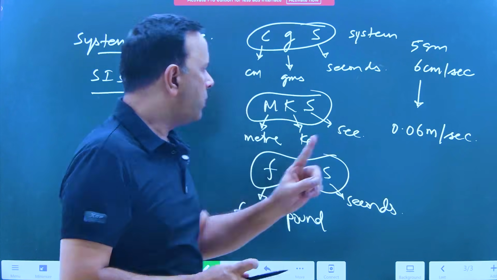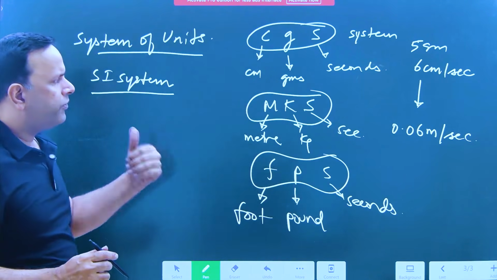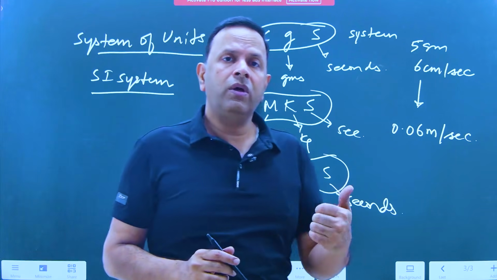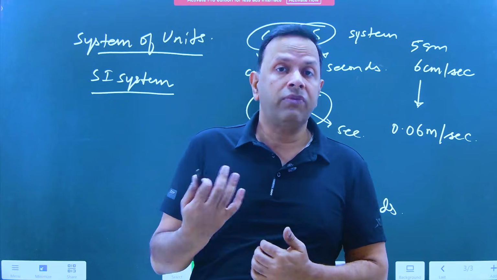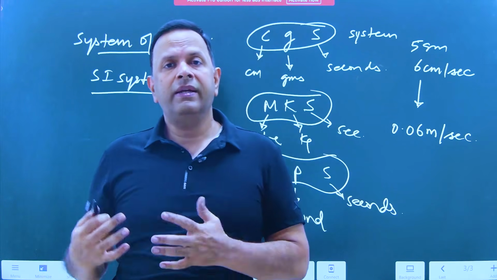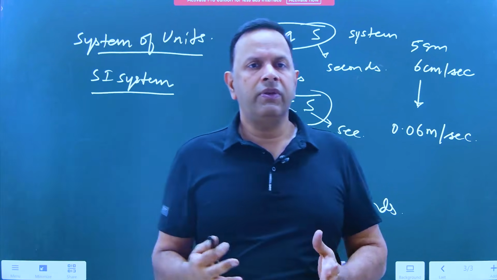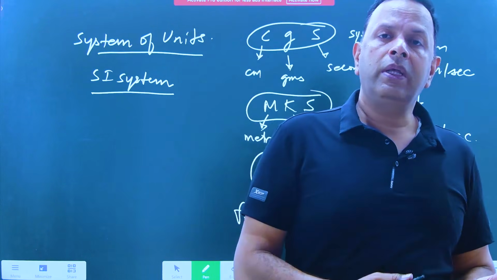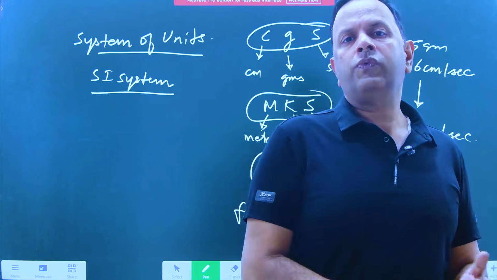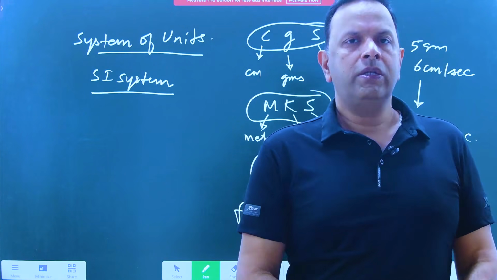What were those? Number one, the number of fundamental quantities was no longer taken as 3, now they were taken as 7. So they decided that there be 7 fundamental quantities, and for all of them some specific units were adopted.